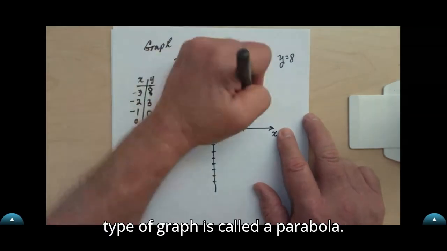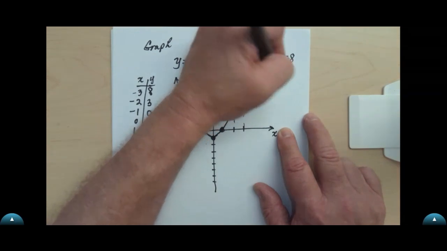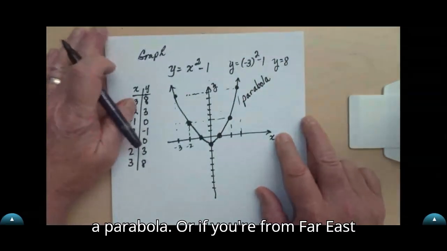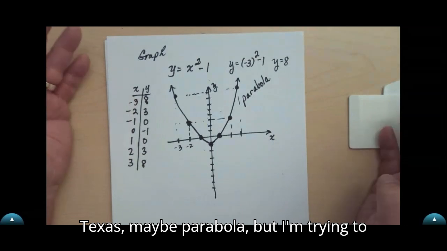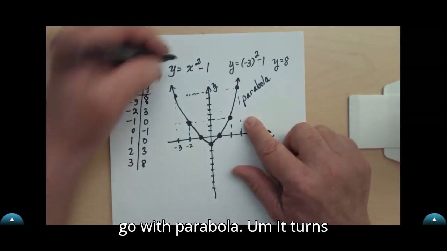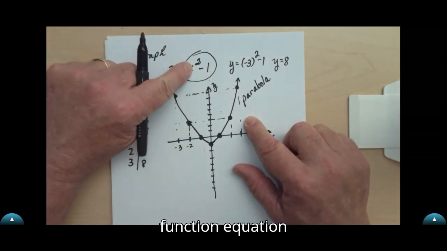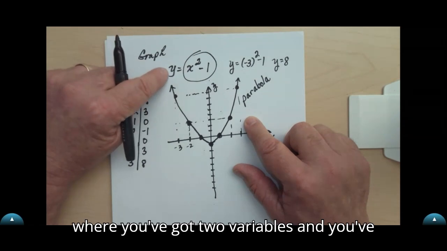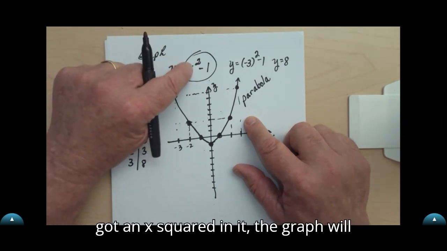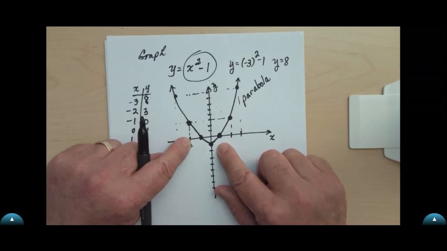That particular type of graph is called a parabola. Or if you're from Far East Texas, maybe parabola. But I'm trying to go with parabola. It turns out that every quadratic function equation where you've got two variables and you've got an x squared in it, the graph will always be some kind of parabola. Everybody with me?